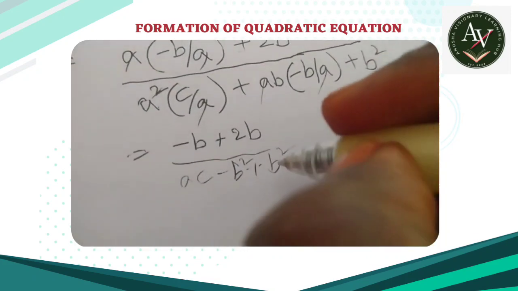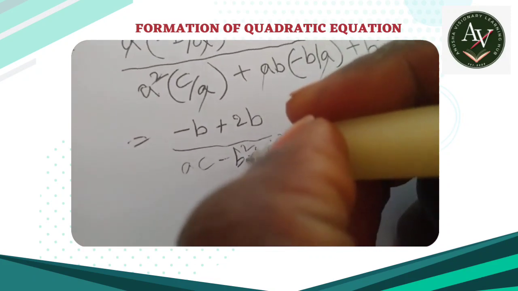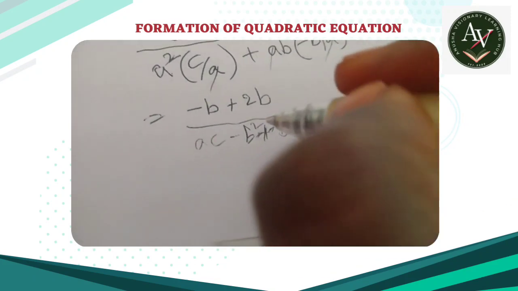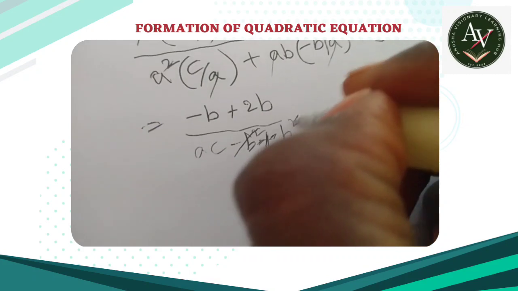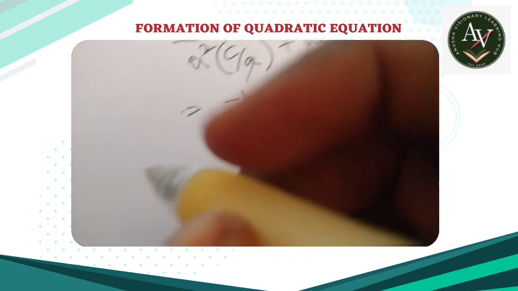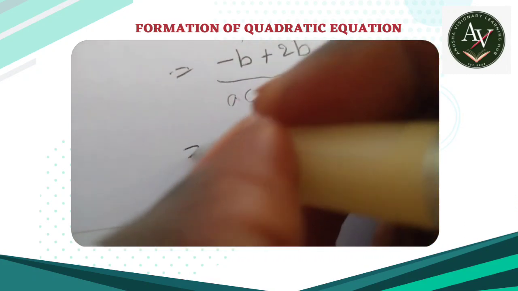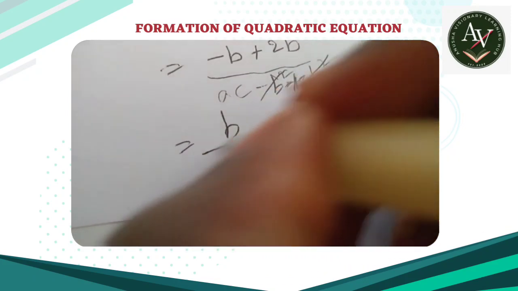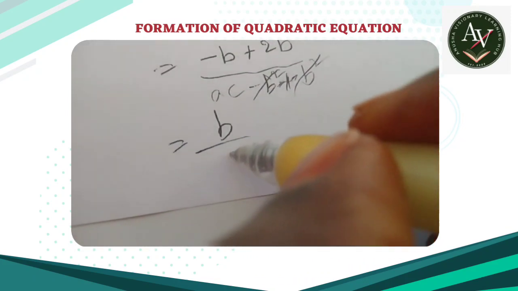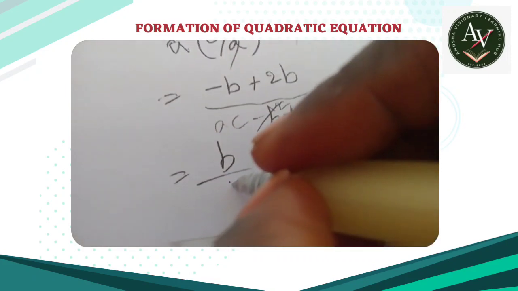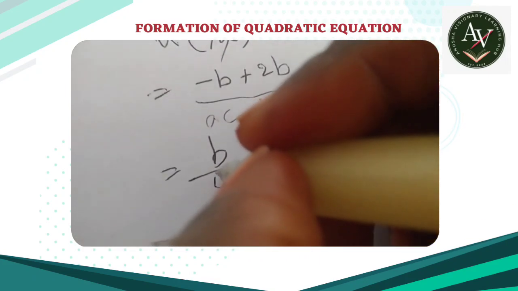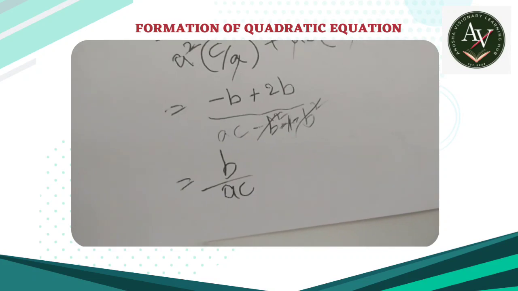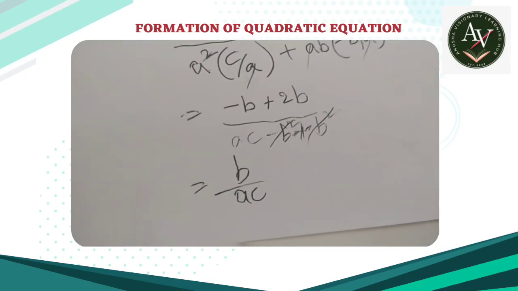Here we have minus b square plus b square, right? Just write that one. Now minus b square and plus b square will be cancelled, so that we can write it as 2b minus b, b by ac. Got it? Hope you understood, right?